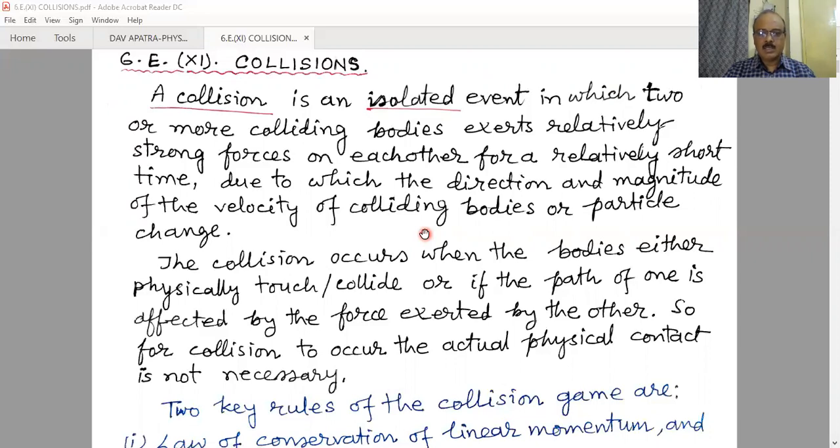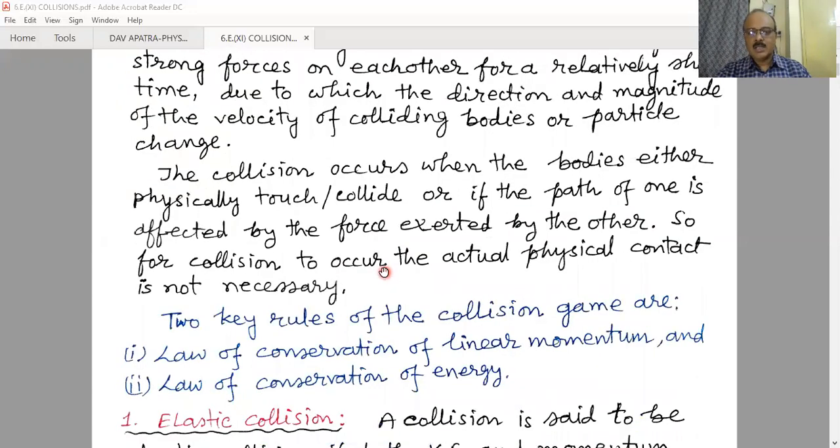The alpha particles, which are nothing but helium nuclei, move toward the gold nucleus. At that time there is no physical contact, but a collision takes place. That means in a collision, a large force acts for a very small interval of time, and the force may be exerted even at some distance. At that interaction, there is a large change in the magnitude or direction of the velocity.